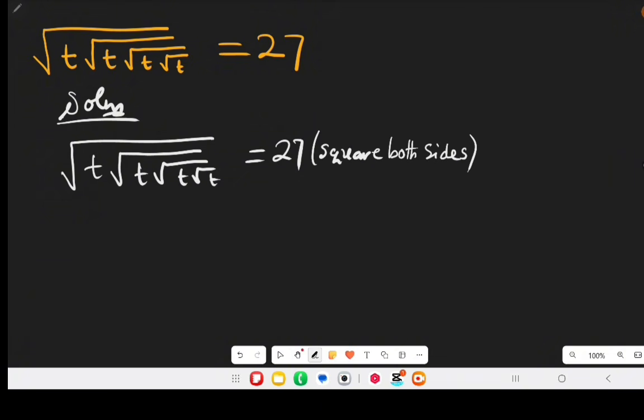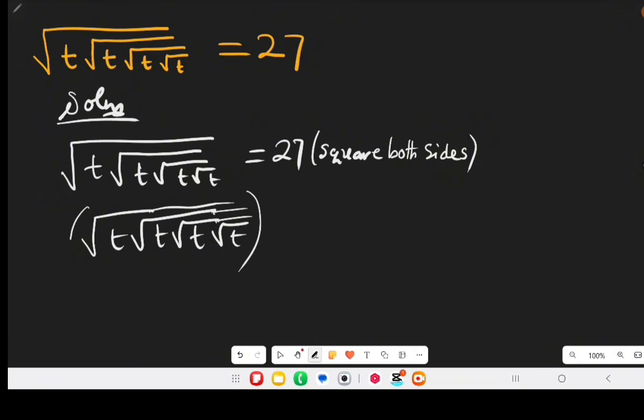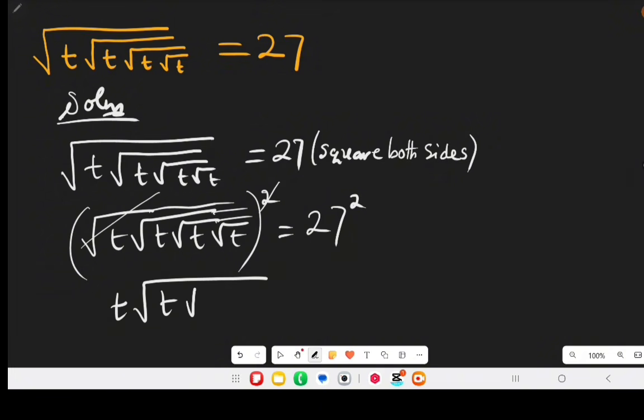When we square both sides, we have root of t, root t, root t, root t all squared equals 27 squared. We move further. Squaring cancels the big square root, leaving t, root of t, root of t, and root of t equals 27 squared.